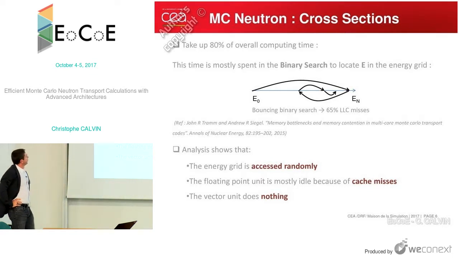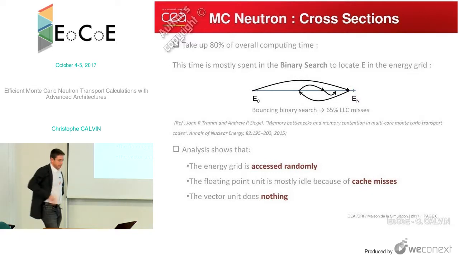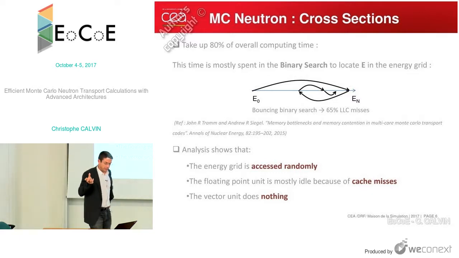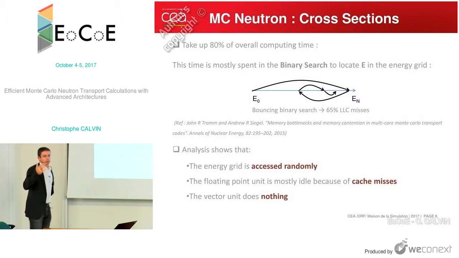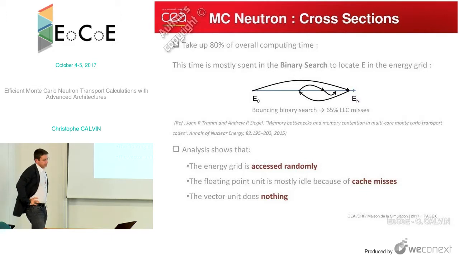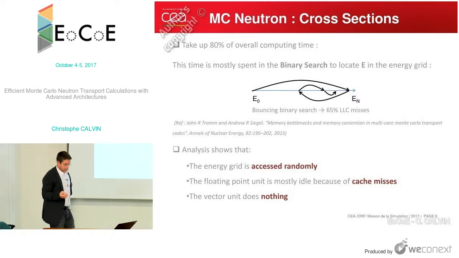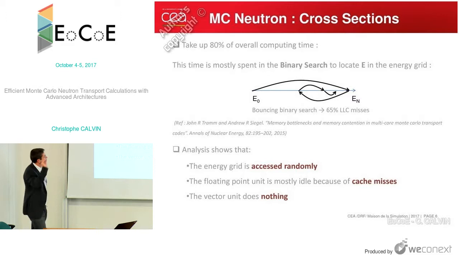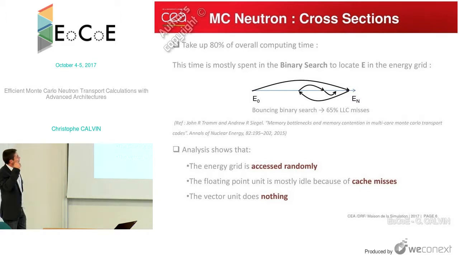And so many people are looking at how to deal with this problem, especially when we are looking at many core architectures or even GPU architectures, and how to deal with this kind of bottleneck of accessing memory quite randomly inside a large table.